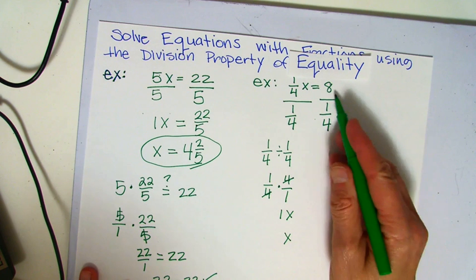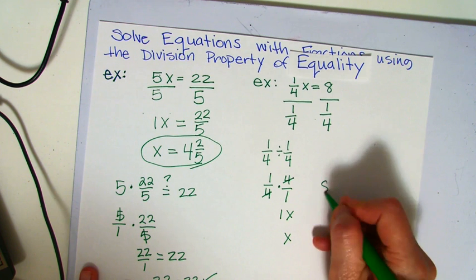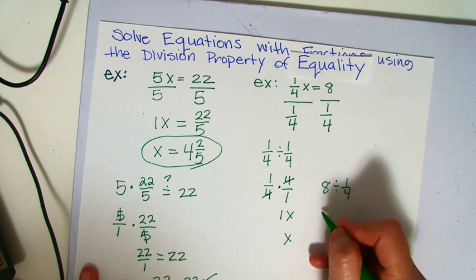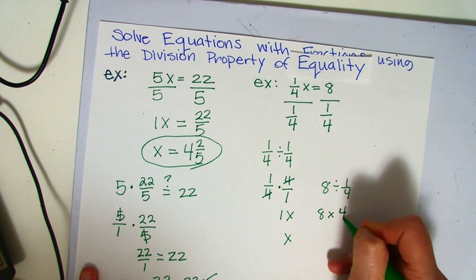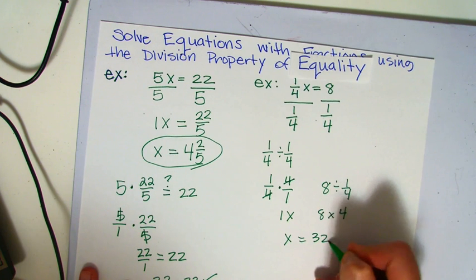Now we need to divide 8 by 1/4. Well, 8 divided by 1/4 is the same thing as 8 times 4/1, or 4, giving us 32.